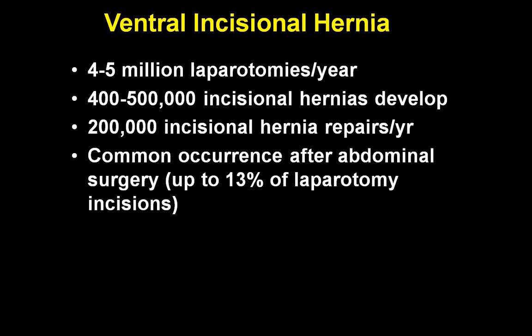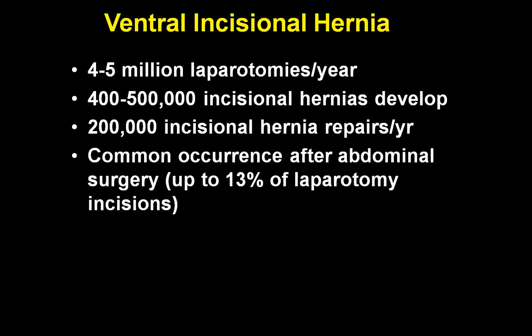Now, what is the incidence? Approximately, when you take the statistics, 4 to 5 million laparotomies are done per year, of which 4 lakhs to 5 lakhs develop incisional hernias. So it's not a very rare entity. There is a high incidence of incisional hernias, and every year, approximately 2 lakh incisional hernias are repaired in the world.